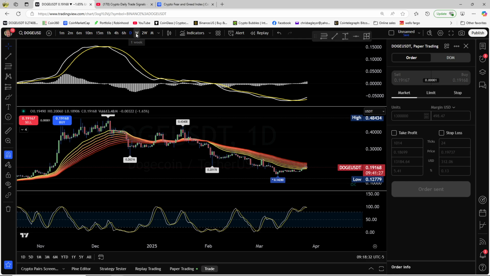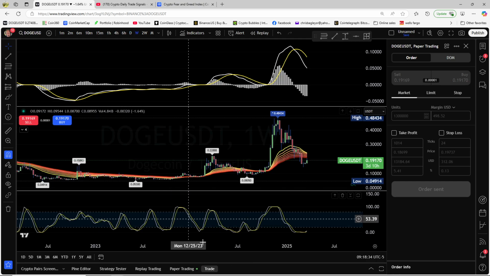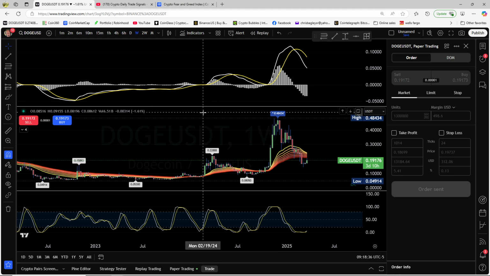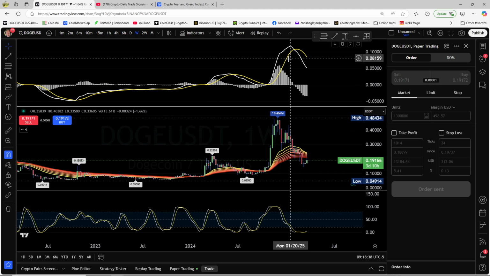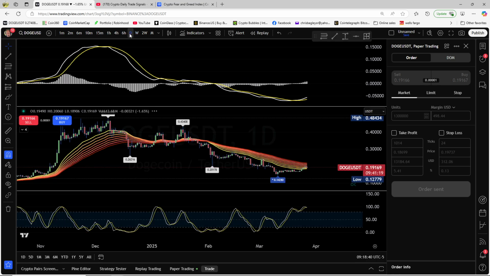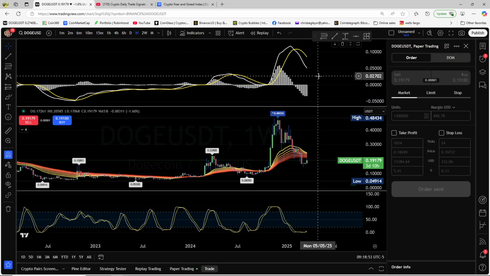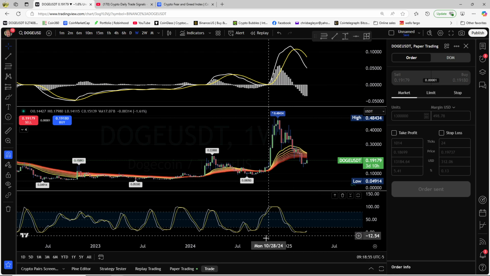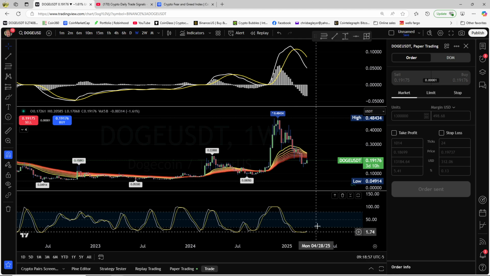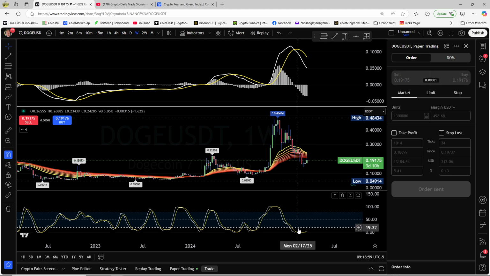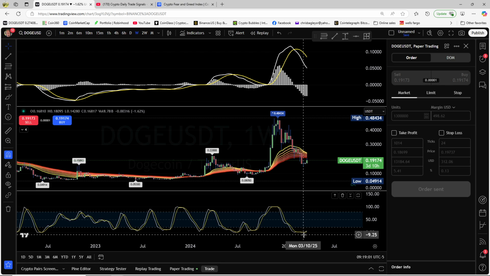Now, if I go to the weekly time frame, this is the weekly time frame. Once again, IMACD, okay, on the daily time frame, it's way down here, right? Below this midline. But on the weekly time frame, it's way up here above the midline. Well, it's coming down, and also the stochastic is exactly reversed compared to the 1 day time frame.